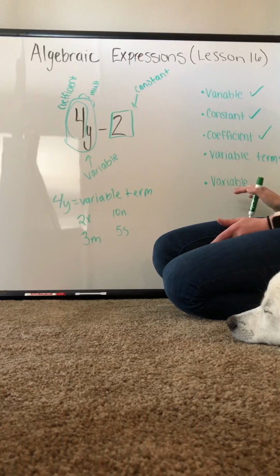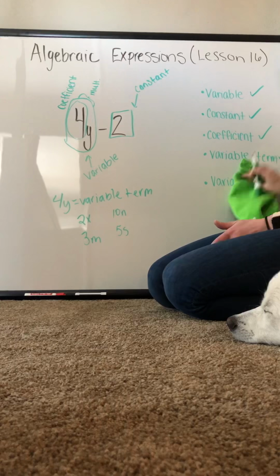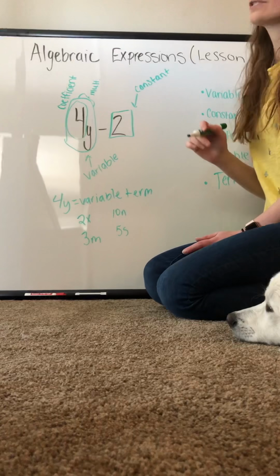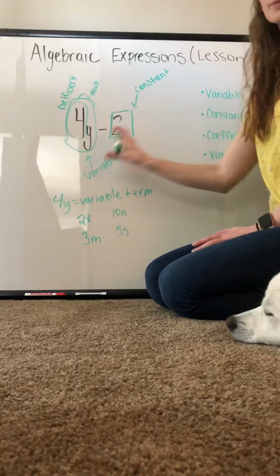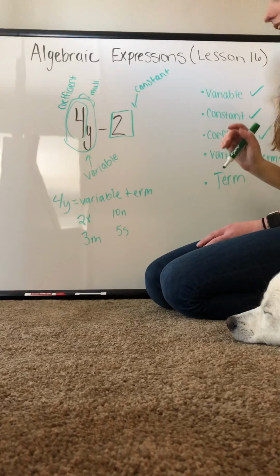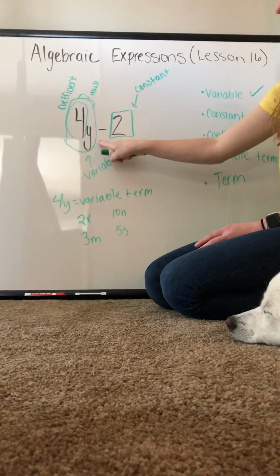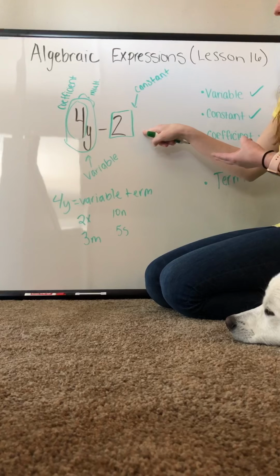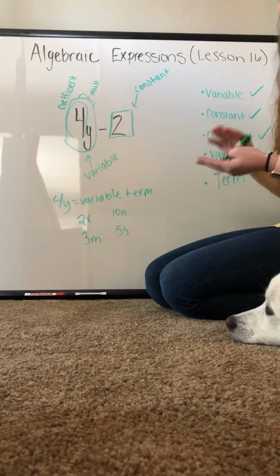Our last vocab word, we've already done variable, is a term. Now your term figures out how many terms we have in our expression. So a term can be one of three things. It can be a variable term, it can be a constant, or it can just be a variable.